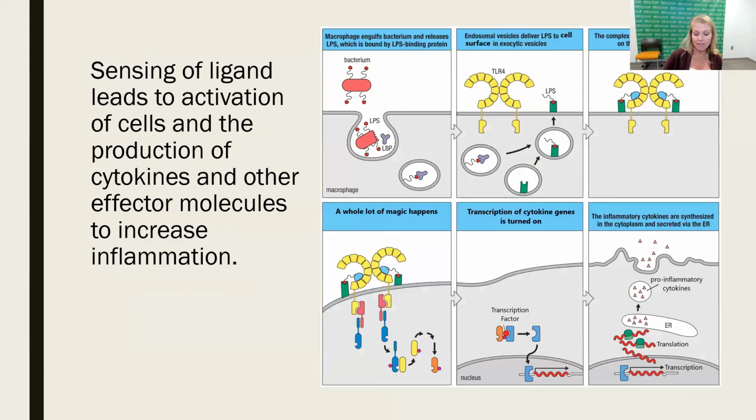And then sensing of the specific ligand that that receptor is made for will then activate the cell to do stuff. And when we talk about doing stuff, especially in the innate immune system, what we're really talking about is turning on transcription of genes that code for cytokines. So for the example that we have here, we have TLR4. TLR4 is going to recognize LPS, okay?